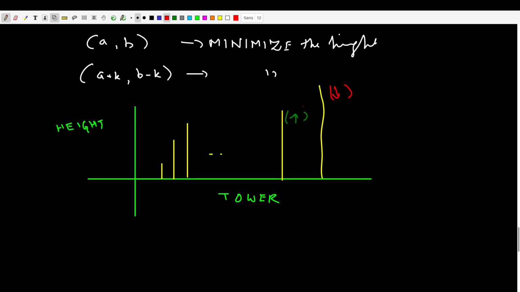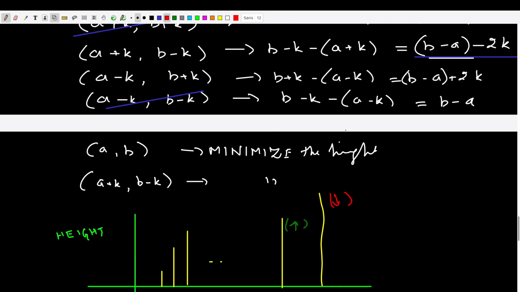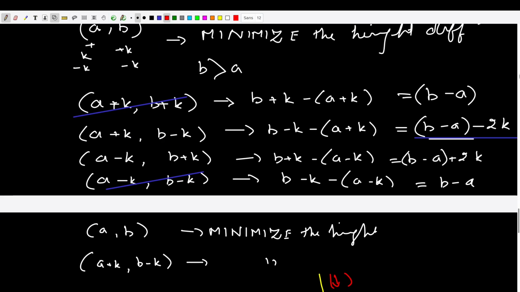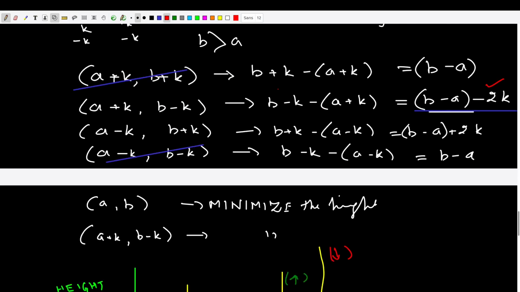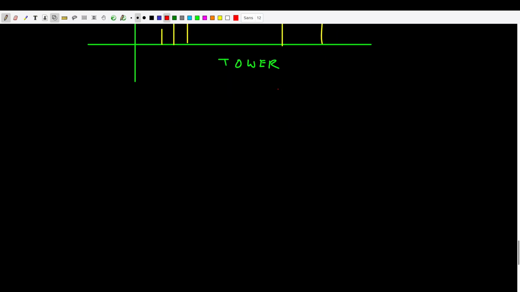Then only the height between these two will be minimized. This is the geometric interpretation, and that is what the maths also suggests to us, right? This is the maths behind it. Okay, so I hope both the concepts are clear.